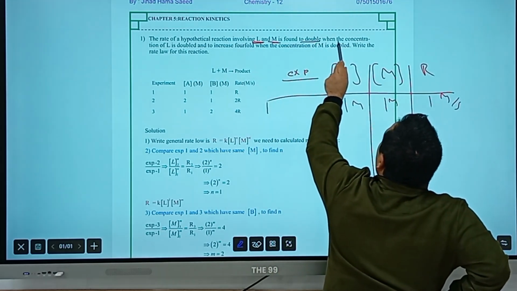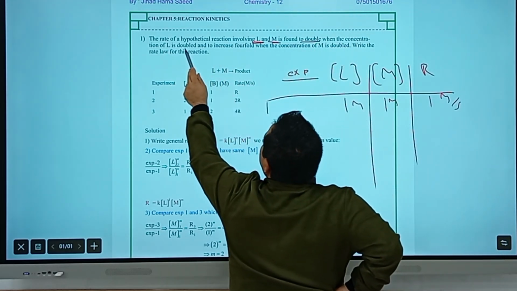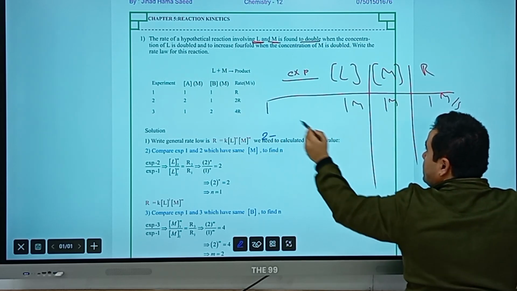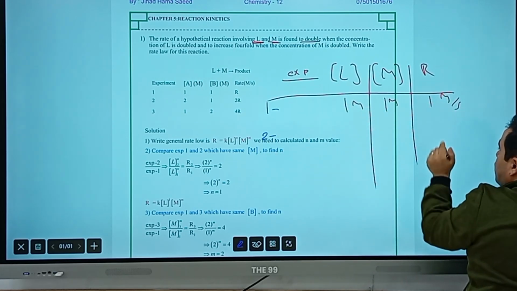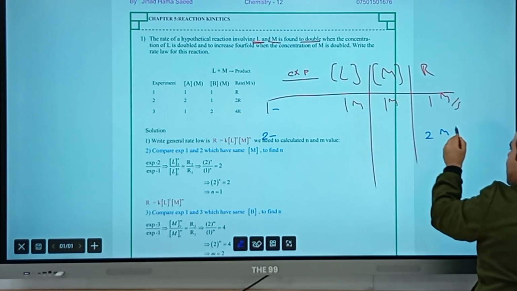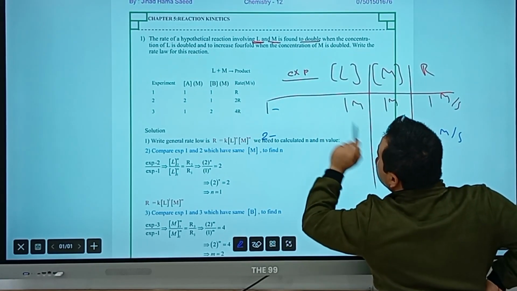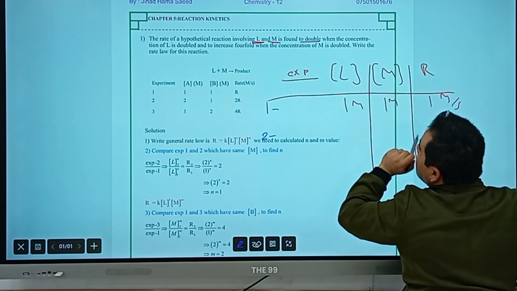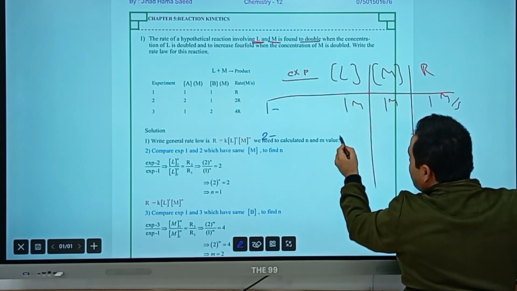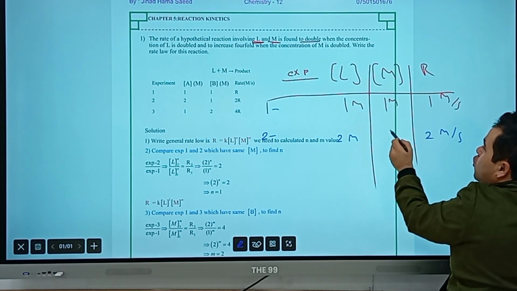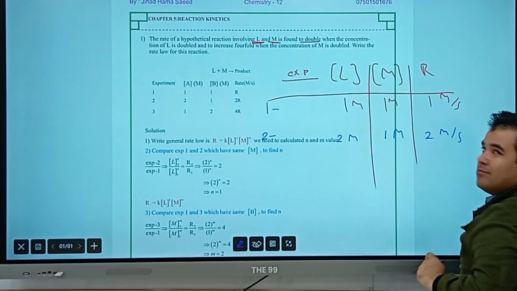Found to double when the concentration of L is doubled. Second experiment: the rate doubles, 2 molar per second, when the concentration of L is doubled. So L doubled, 2 molarity. But how about M? M is not mentioned, so it stays constant.